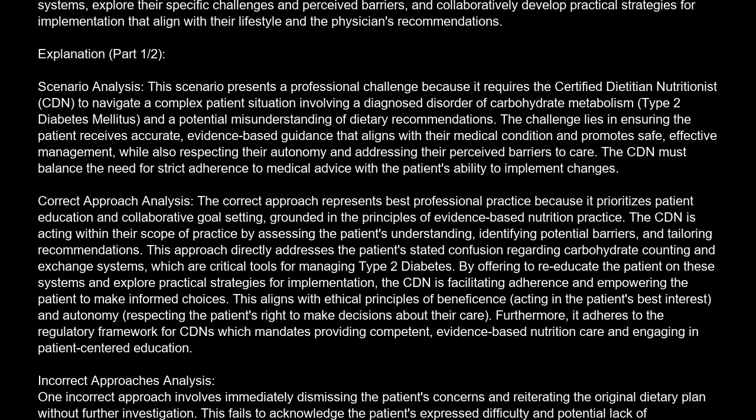Schedule a follow-up appointment to re-educate the patient on the principles of carbohydrate counting and exchange systems, explore their specific challenges and perceived barriers, and collaboratively develop practical strategies for implementation that align with their lifestyle and the physician's recommendations. Explanation. Scenario analysis. This scenario presents a professional challenge because it requires the Certified Dietitian Nutritionist, CDN, to navigate a complex patient situation involving a diagnosed disorder of carbohydrate metabolism, type 2 diabetes mellitus, and a potential misunderstanding of dietary recommendations.